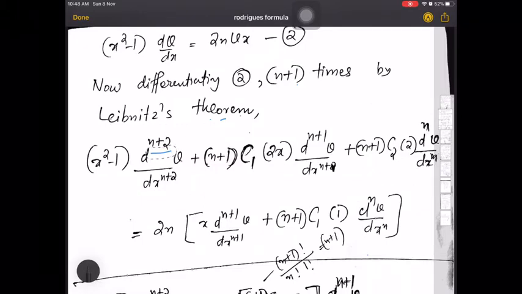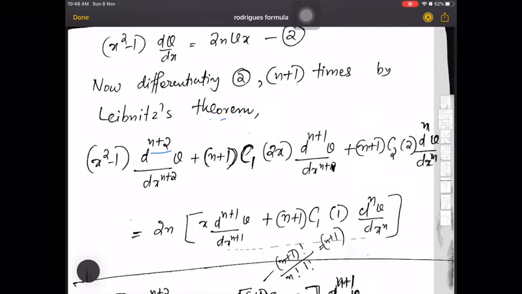Then if you take the right hand side, here we have two functions v and x. So you get x times d^(n+1) v/dx^(n+1), then n plus 1 C1, you differentiate x and get 1, times d^n v/dx^n.